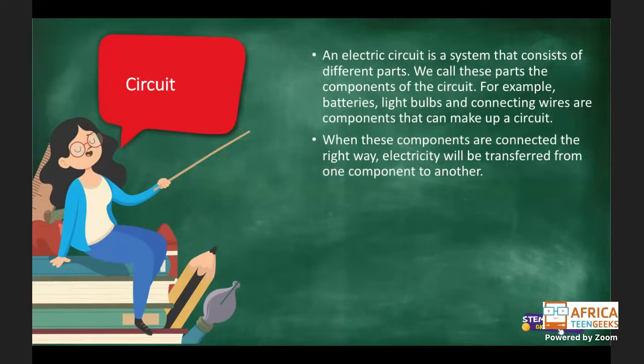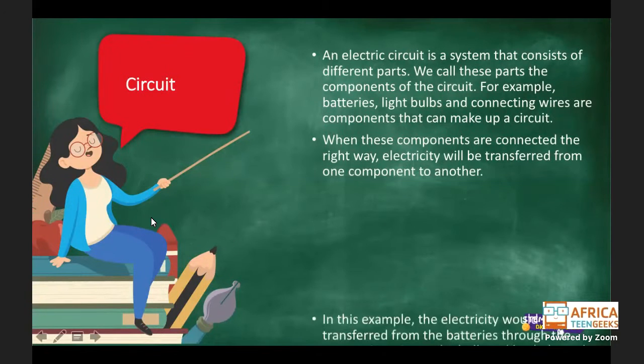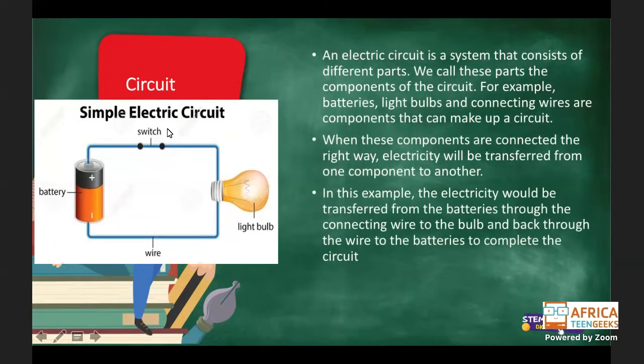For example, batteries, a light bulb, and connecting wires are components that make up a circuit. When these components are connected the right way, electricity will be transferred from one component to the other. So this is a diagram of a circuit.